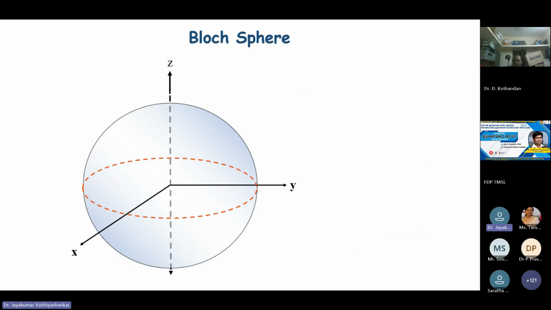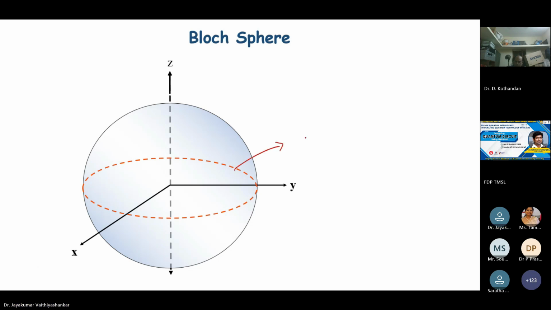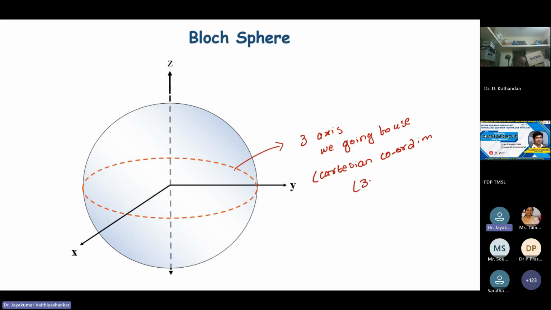Then we try to create 3 axes, based upon Cartesian coordinates. We are going to use 3 axes to represent Cartesian coordinates, because we are using 3-dimensional space. Taking 2 extreme points, these 2 are extreme points.